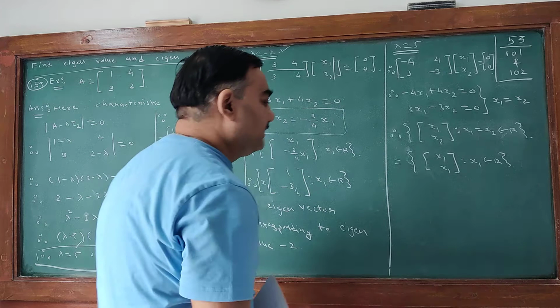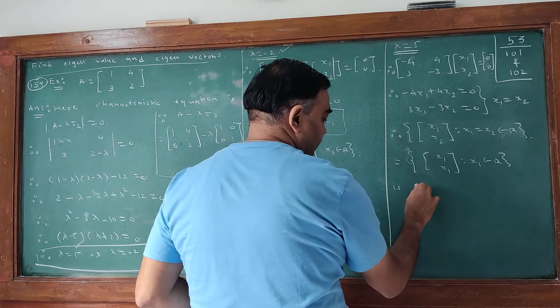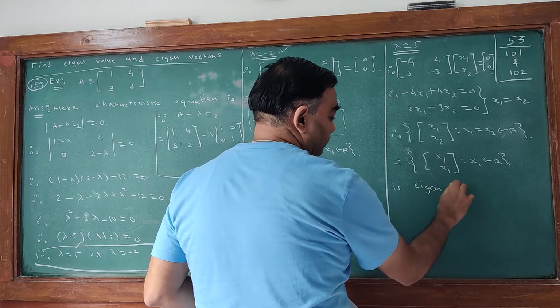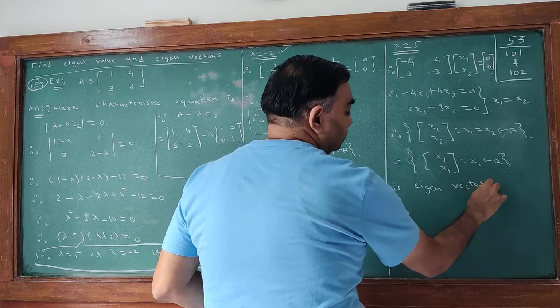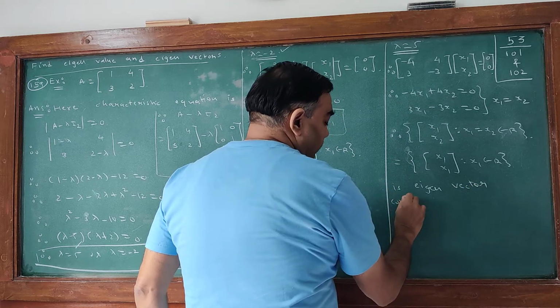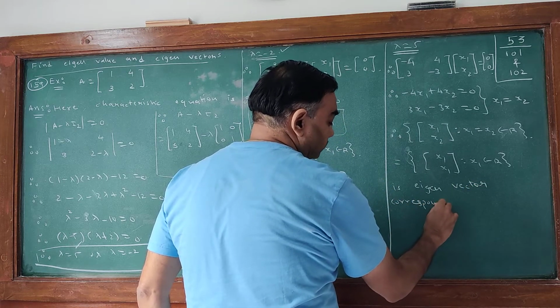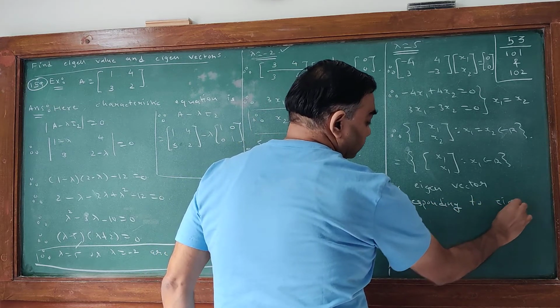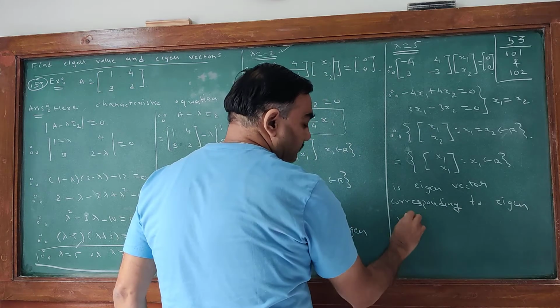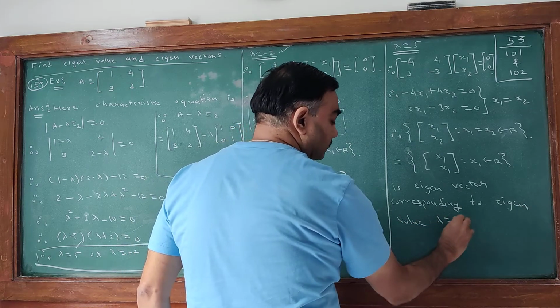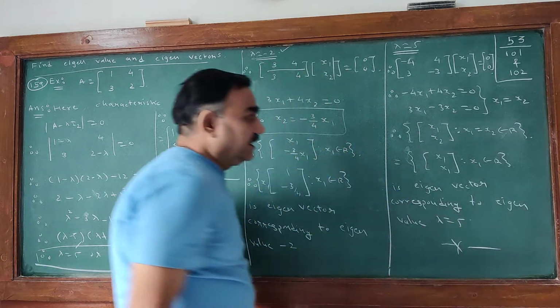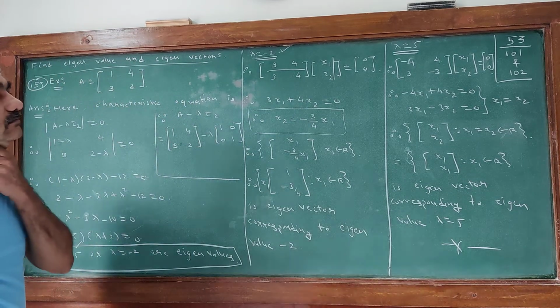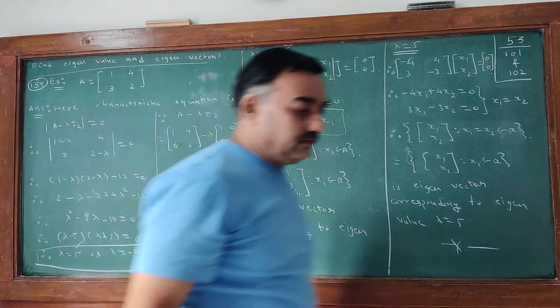So this is eigenvector corresponding to eigenvalue 5. This is the end of the sum. So have a look properly and then we go further.